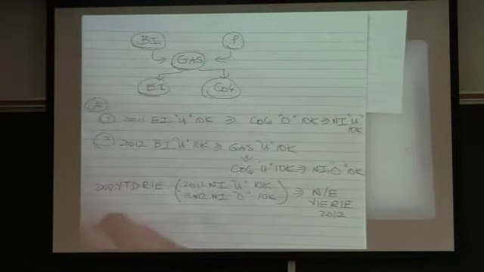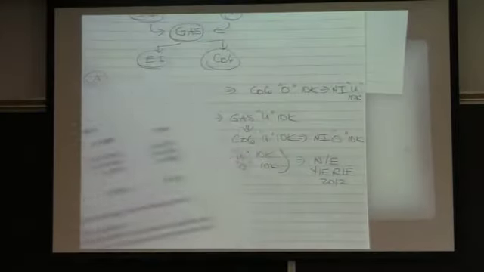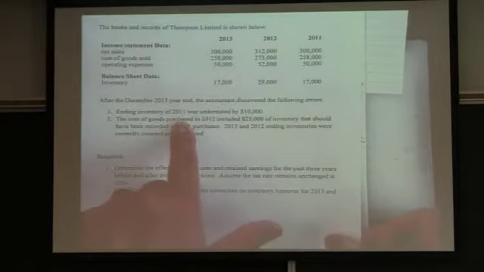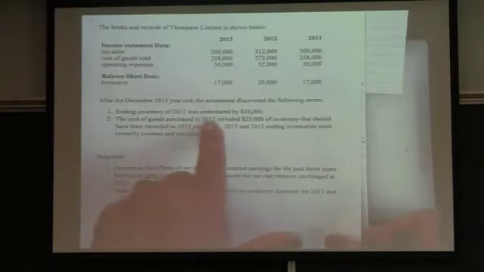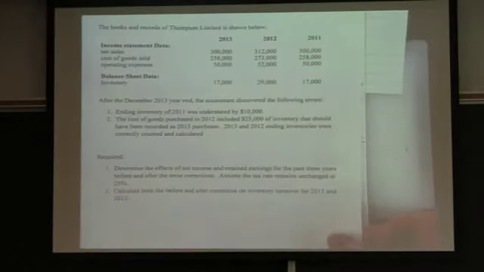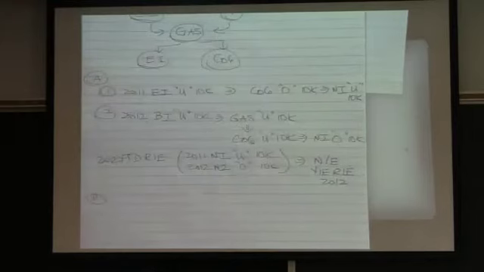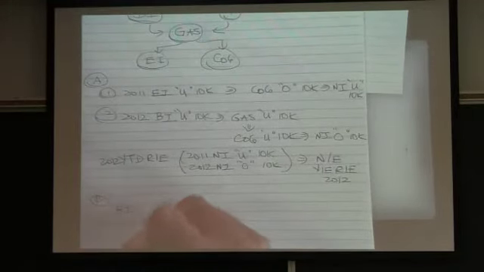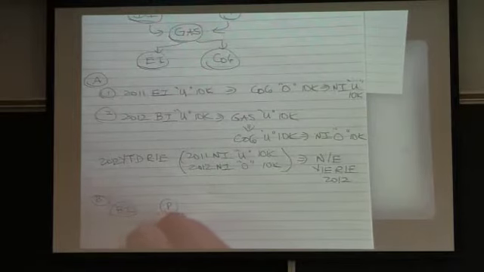The second error is this one. And it says, cost of goods purchased in 2012, $25,000 should have been recorded in 2013 purchases. So let's do this. Beginning inventory plus purchases gives you goods available for sale.